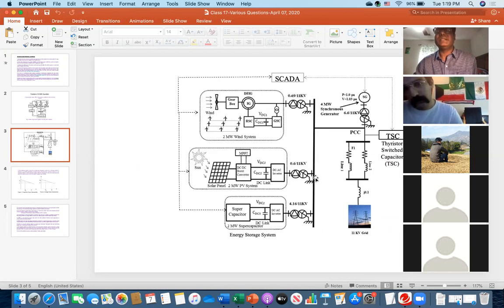This is the common AC bus, this bold line that has 11 kV. Solar is also producing 11 kV with the help of a transformer, and the energy storage on the left side is 4.16 kV and 11 kV. So therefore this is the main bus, and that bus is also connected to that conventional system.